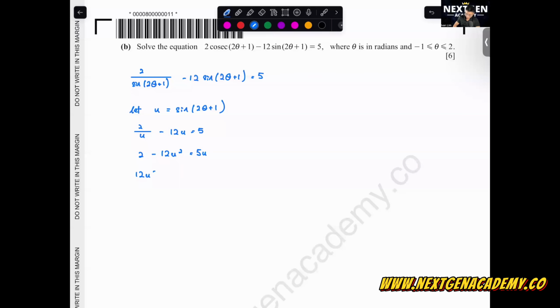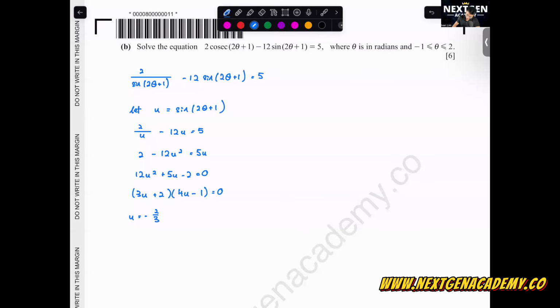Rearrange it, we get 12u squared plus 5u minus 2 equals 0. Factorize it: (3u plus 2)(4u minus 1) equals 0. Solve this, we get u equals negative 2 over 3, and u equals 1 over 4.